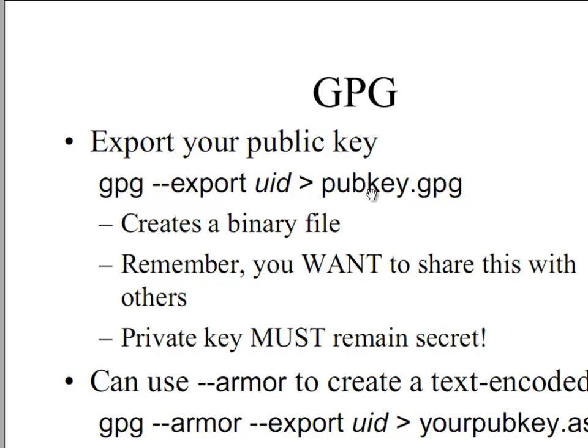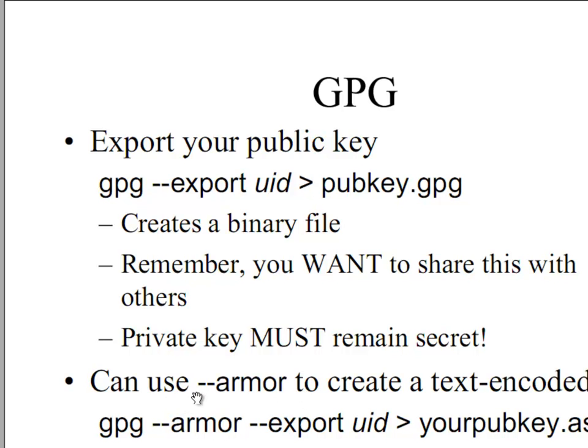There can be problems with sharing a binary file, so GPG provides an alternative, which actually ends up being the exact same key, only it uses a text encoding so that it's easier to share, or let's say even include in our email. And so somebody could import our public key if they downloaded it from an email.